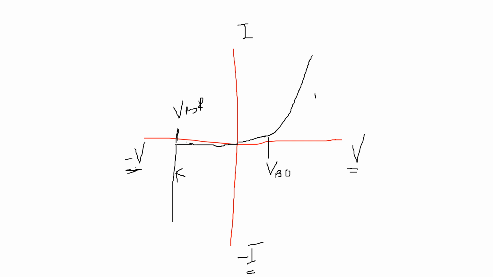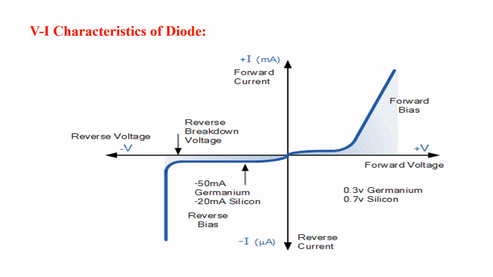This is the forward biased condition and this is the reverse biased condition of the PN junction diode. The same thing can be represented here. This is the positive voltage and this is the negative voltage on the x axis. Similarly, current on the y axis. This is the forward bias condition, and this is the reverse bias condition.